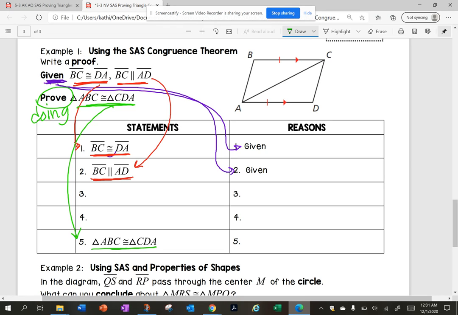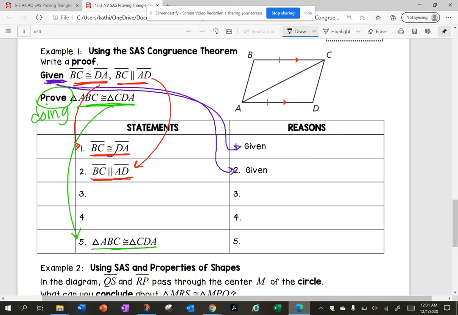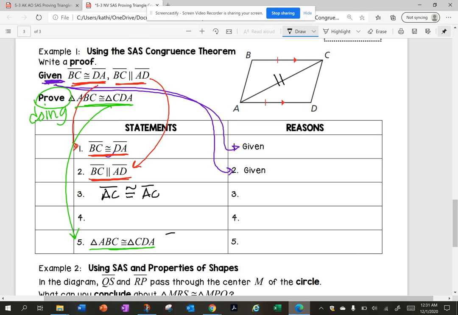So let's start putting some information in here. I see that I am sharing a side here. So anytime I'm sharing a side, I can say segment AC is congruent with segment AC. And this is called the reflexive property of congruence.